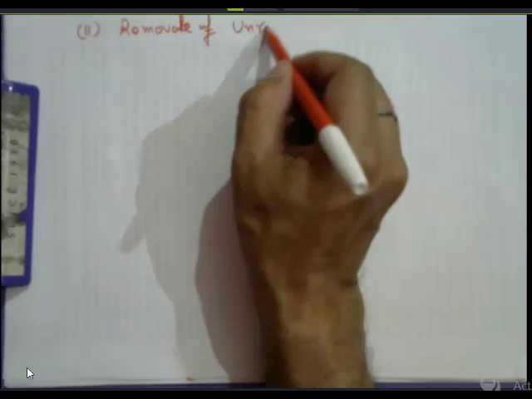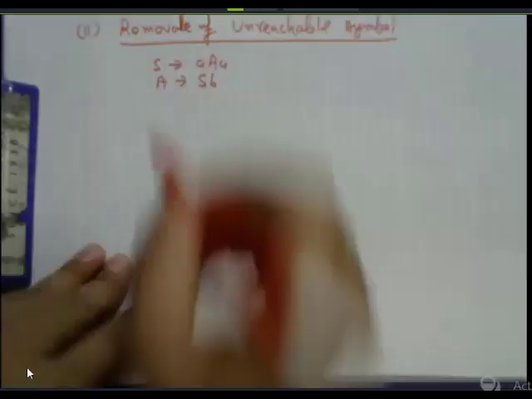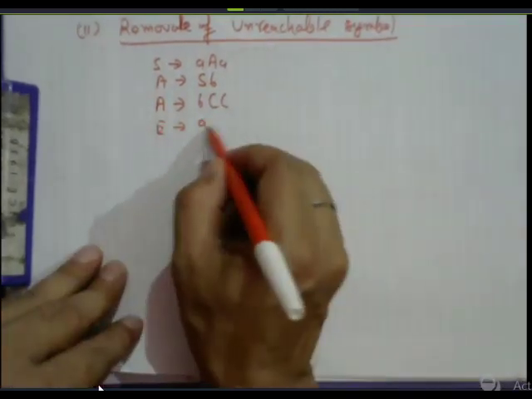Then, applying the same methods as in the previous examples, we have here again S tends to aAS, A tends to a, A tends to BCC, E tends to AC, and C tends to ABB.